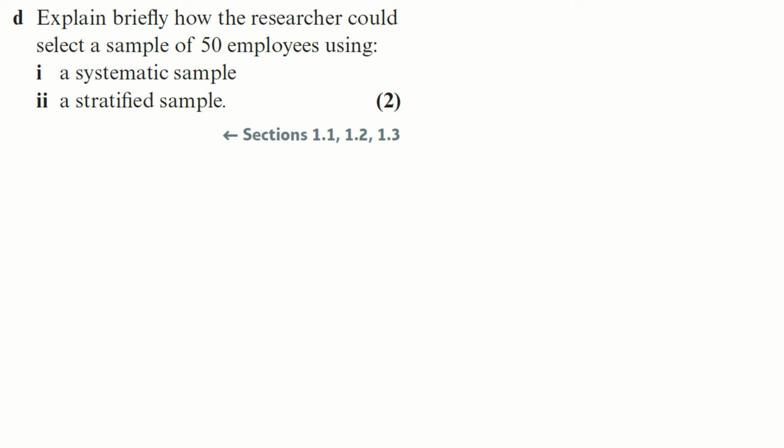So explain briefly how the researcher could select a sample of 50 employees using a systematic sample and a stratified sample. So systematic is when you ask every so often. If everyone was in a line, you would figure out how many people you need to ask, 50, so let's divide the line into groups of 11 and ask every 11th person.